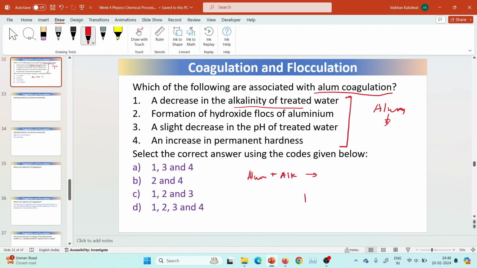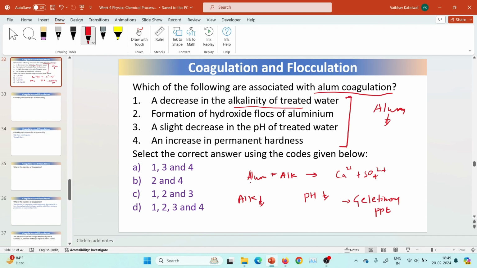It reduces alkalinity, it reduces pH, it forms permanent hardness, and it forms a gelatinous precipitate. The equation we will see in the next online session, and then we will solve some questions also.